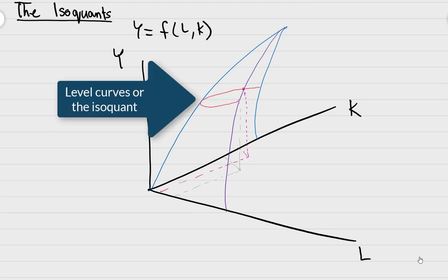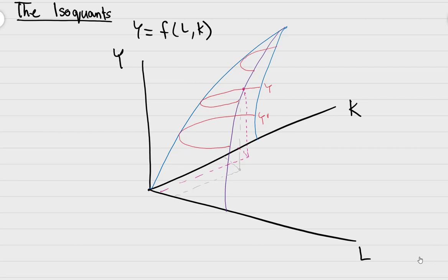Similarly, if we pick different pairs, we can get different level curves, and so on. Each level curve gives the same height. For example, this lower level curve gives us height y1, which is the output y1. The second level curve gives us height y2, and the third gives us height y3.